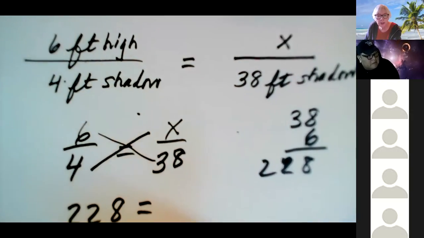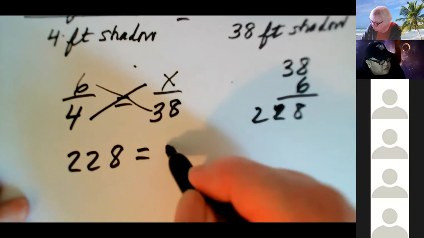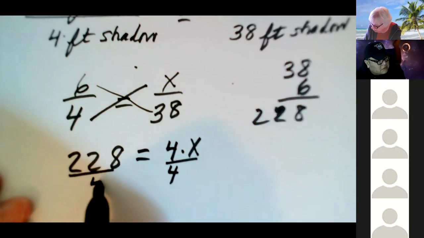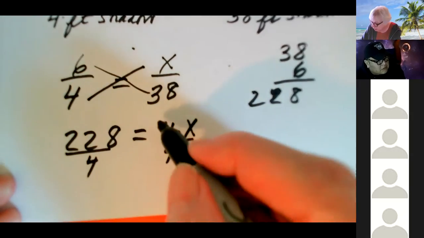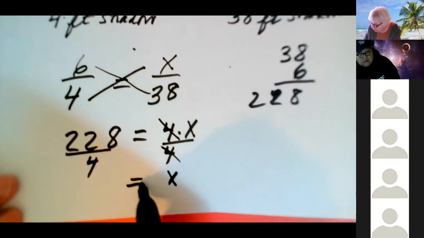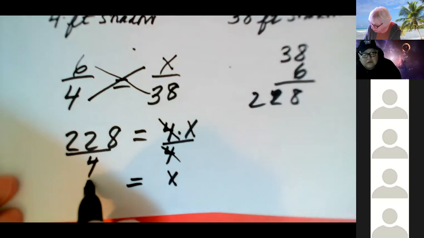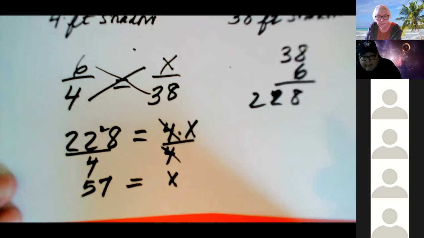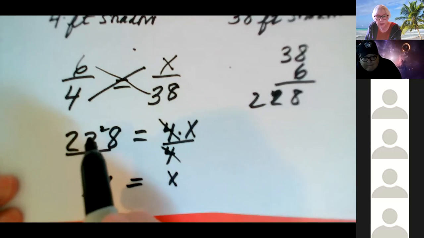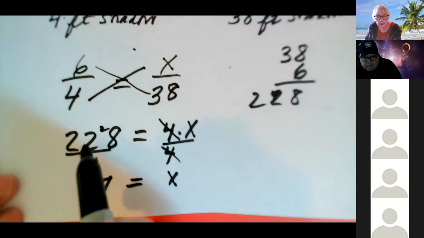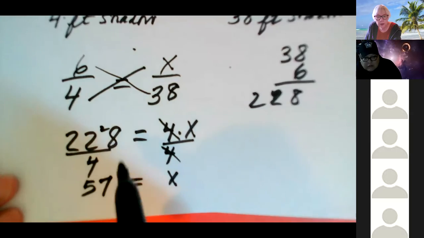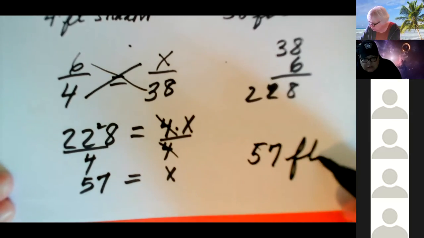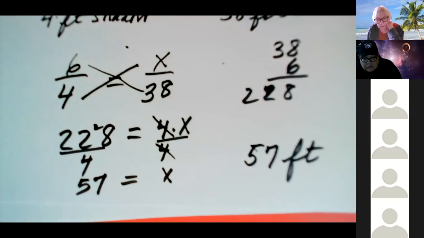And then when I go this direction, equals 4x, I divide by 4, I divide by 4. Cancel, cancel, x equals 4 into this is 57. 4 into this is 5, 2 left over, 4 into 28 is 7. That tree is 57 feet tall.